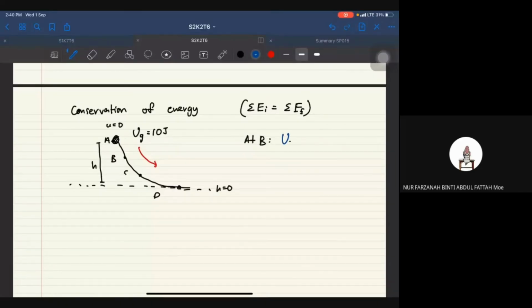Let's say at B your Ug equals 8 joules. Initially you had 10 joules, and then it decreased to 8 joules. My question is, where did the other 2 joules go?